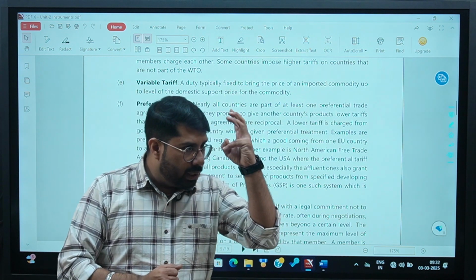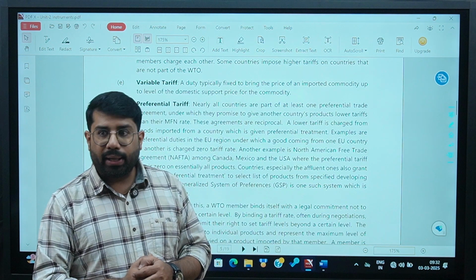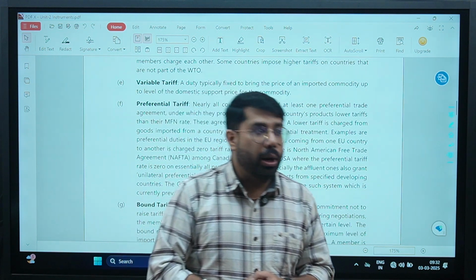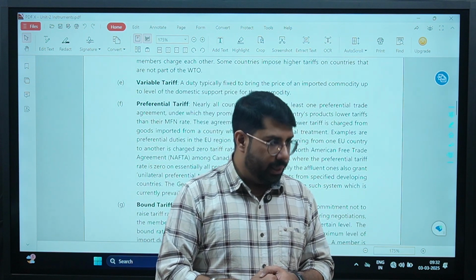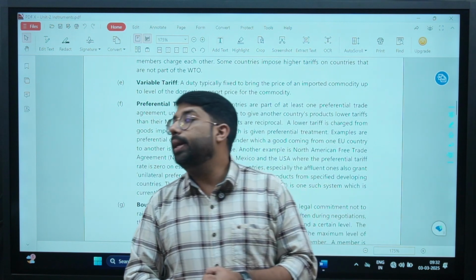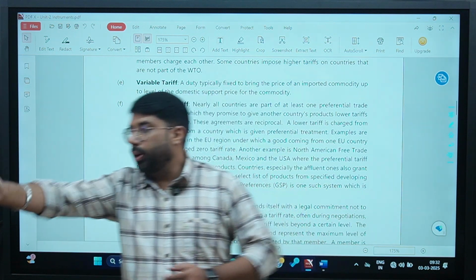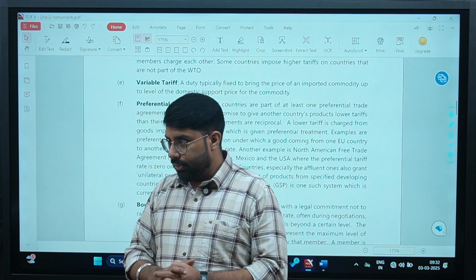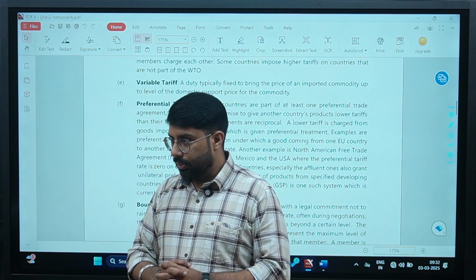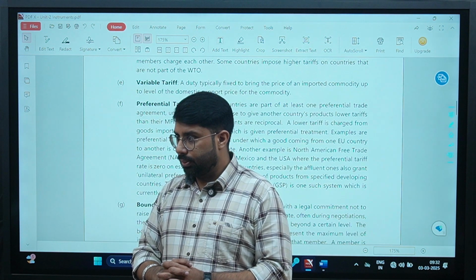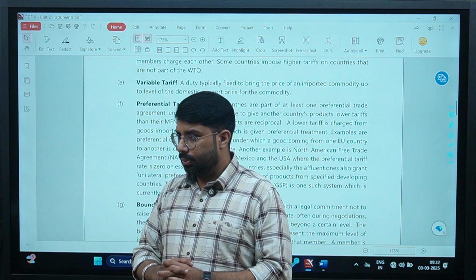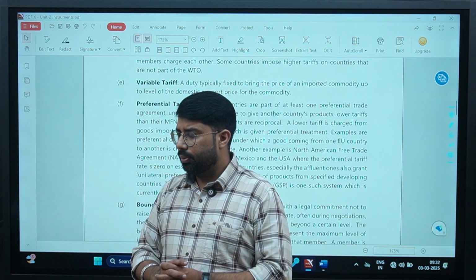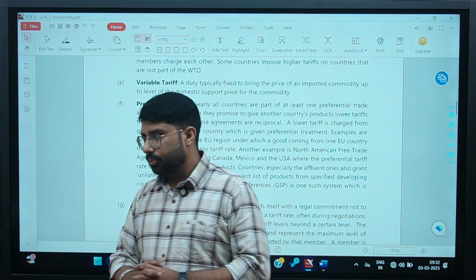You remember those 3-4 theories? Mercantilist view, comparative advantage, absolute advantage, and HO theory. Yes or no? Sir, what was absolute advantage theory? Absolute advantage is if the cost of production is less, then we should export to other countries.